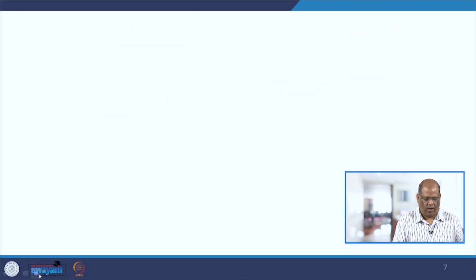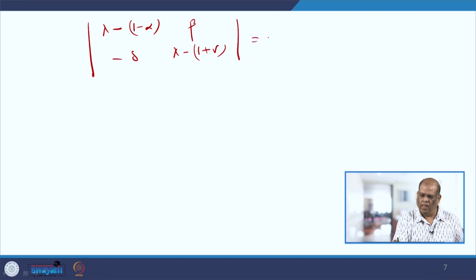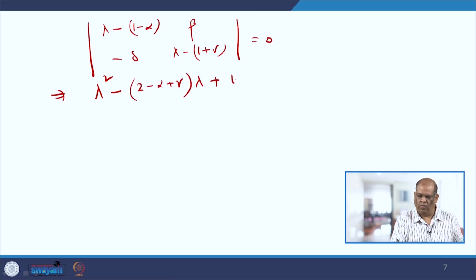So we simplify this a little, and this will give lambda squared - (2 - alpha + gamma) lambda + (1 - alpha)(1 + gamma) + beta delta = 0.